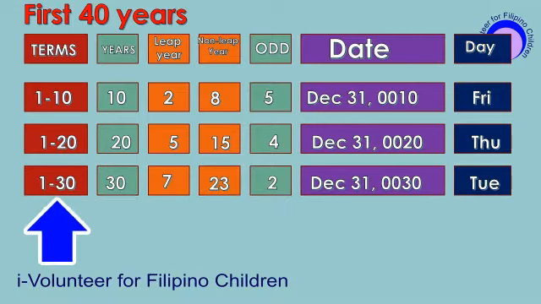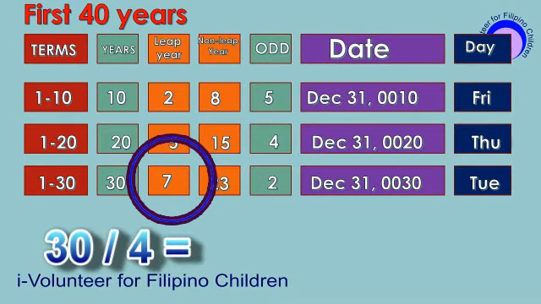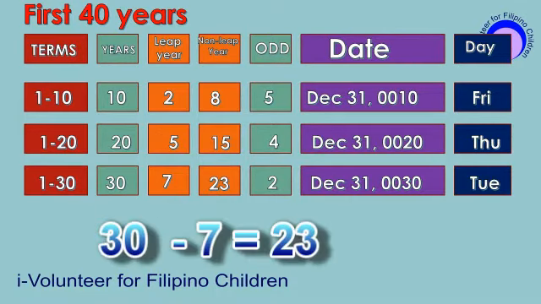Let's continue with the first 30 years. 30 has a number of leap years equal to what? Yes, it is 7. Paano nakuha ang 7? It's 30 divided by 4 is equal to 7. Just get the whole number 7. 30 minus 7 is equal to 23.